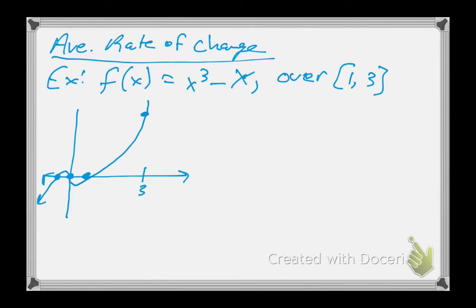The instantaneous rate of change is actually sort of difficult to figure out. But if we want to know what the average rate of change is from here to here, we just find the slope of that secant line.